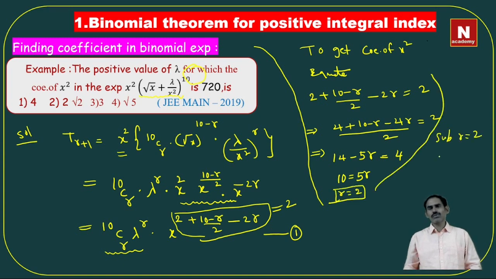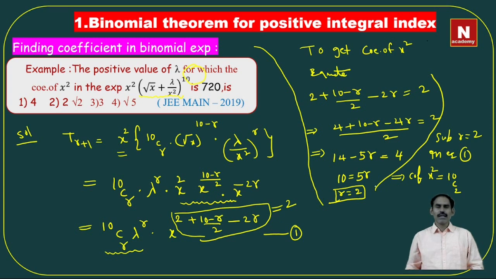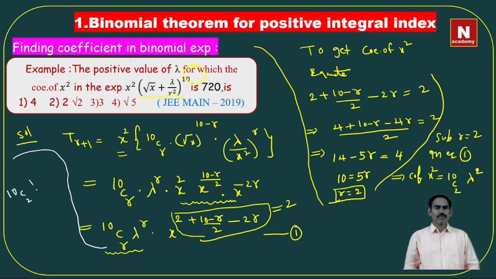Substitute r equals 2 in equation 1. That implies the coefficient of x square equals 10c2 lambda power 2. Already the coefficient of x square is given as 720. In our question the coefficient of x square is 720, therefore 10c2 lambda square equals 720. 10c2 means 10 into 9 by 2 into 1, times lambda square equals 720.